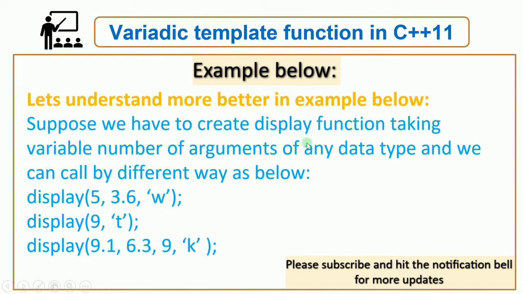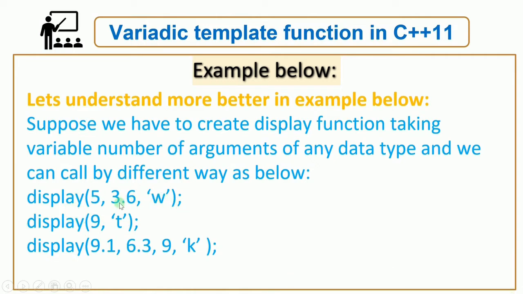So what is the definition of a Variadic template function? It is a function which will take a variable number of arguments. It can be of any data type. So consider we have to create a display function which will take a variable number of arguments of any data type. When we define that type of function, how can we call it? We can call it in different ways, as below.